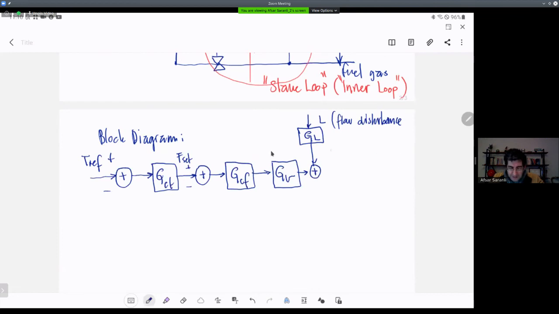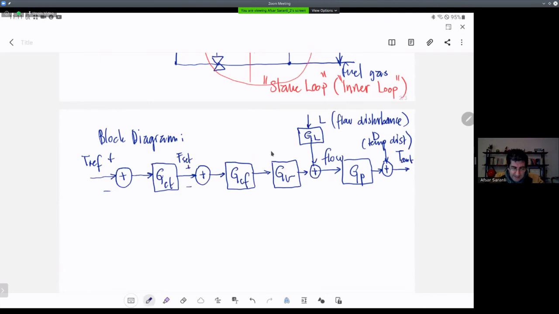So this generates the flow, and the flow drives the plant. Let me also draw the temperature disturbance, D, and then we have the T out.